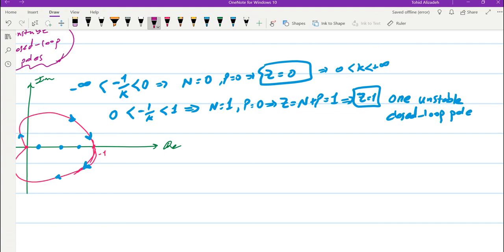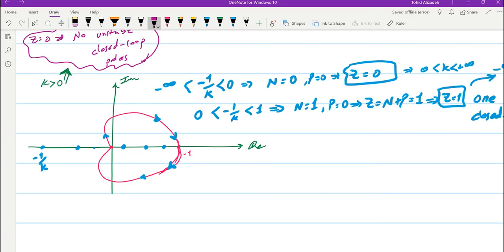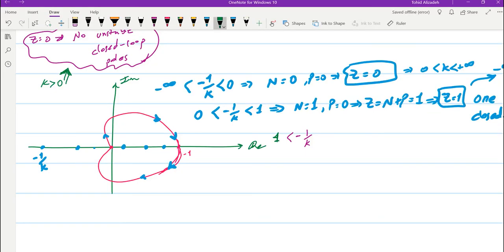And if you translate this minus 1 over k between 0 and 1, you will get k between minus infinity and minus 1. Now, if I continue to move the point minus 1 over k further, so if it's in the area between 1 and plus infinity, let's say somewhere around here or here or here, we see that N will be equal to 0.